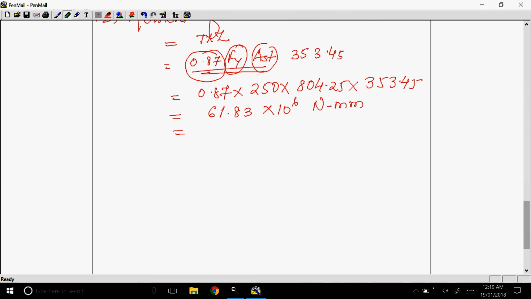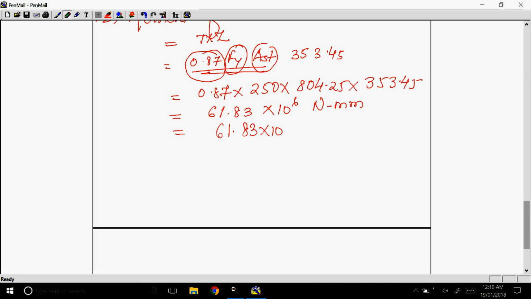Now we have our moment of resistance. We have calculated the lever arm. We have to check whether this moment of resistance is less than Mu limiting. If this value is greater than Mu limiting, then we need to redesign.